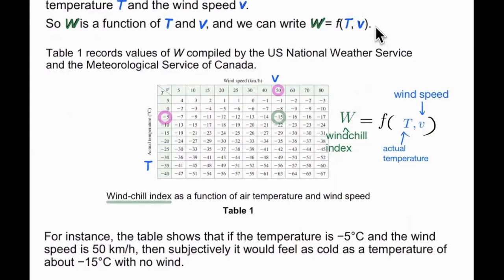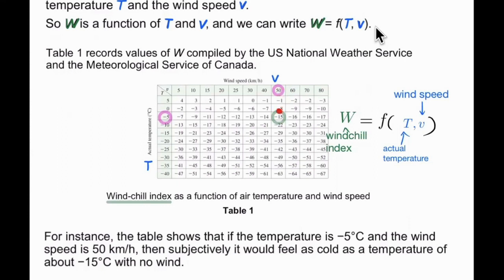So if the temperature is -5 degrees Celsius and the wind speed is 50 kilometers per hour, then you actually feel that the temperature is as cold as a temperature of -15 degrees Celsius with no wind, because the wind speed is kind of strong, 50 kilometers per hour.